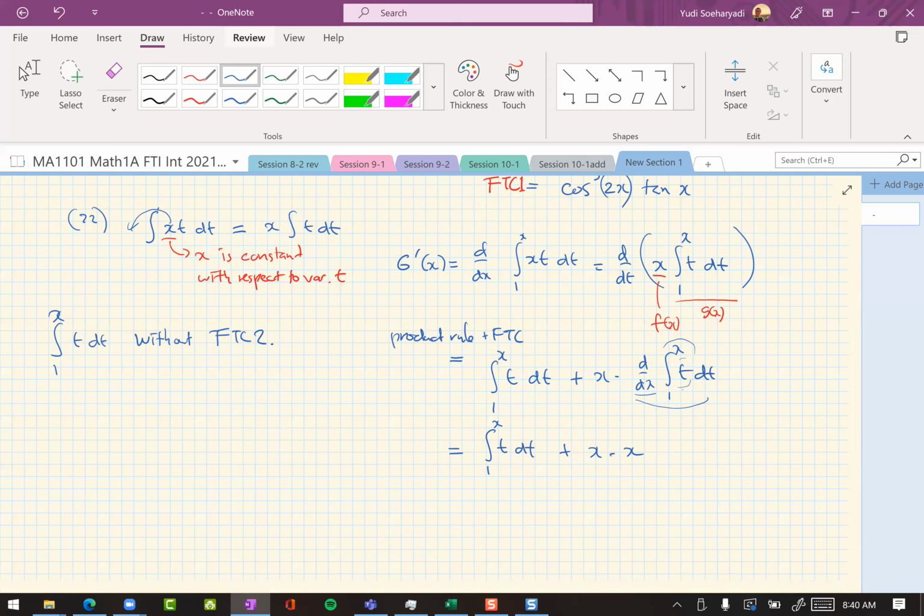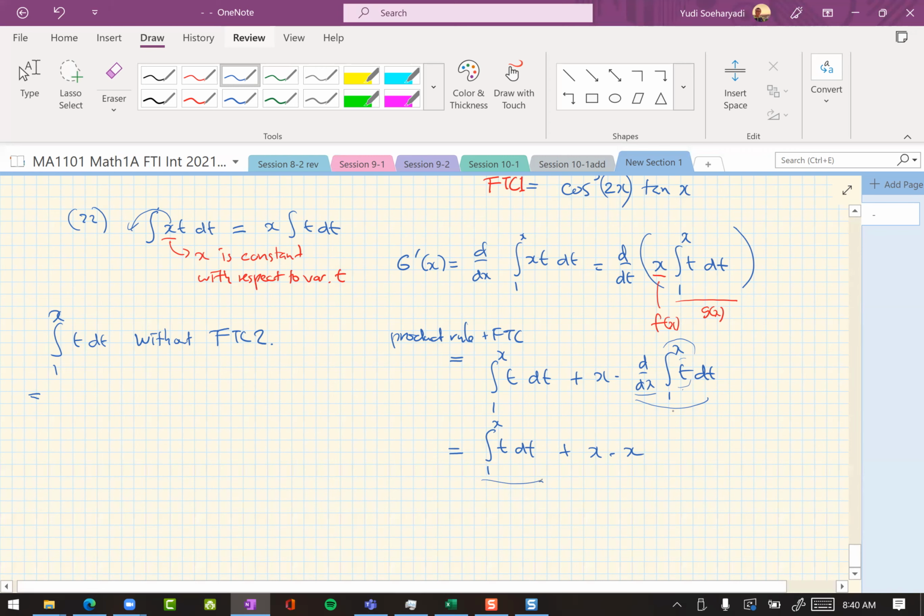Without FTC2, that's quite complicated because remember you have two partitions. We'll do that later. We'll compute this after FTC2.